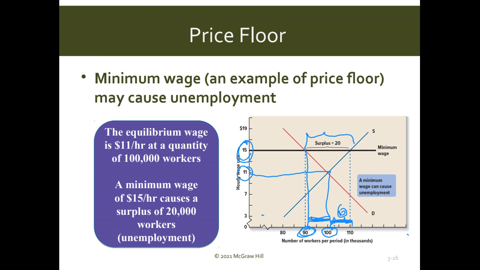Now there's another group. Suppose before the price floor you were earning, maybe you are a skilled worker, you are educated, and you are working at a wage rate of, let's say, $40 or $50 or $100. You are not even concerned about this $15 minimum wage law. Why? Because for you, this wage rate is not binding.